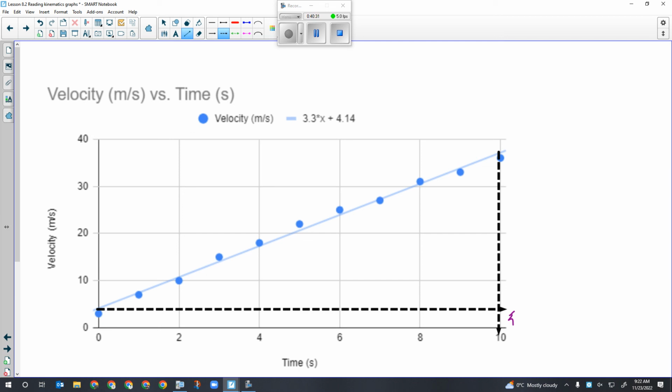Do I also know the height of the rectangle? What is it? 4.14, right? This is my y-intercept. It's where that rectangle starts. Therefore, it's the height of the rectangle. So I can do the rectangle right now, can't I? I've got the base of the rectangle, I've got the height of the rectangle. 4.14 times 10 is 41.4 meters.